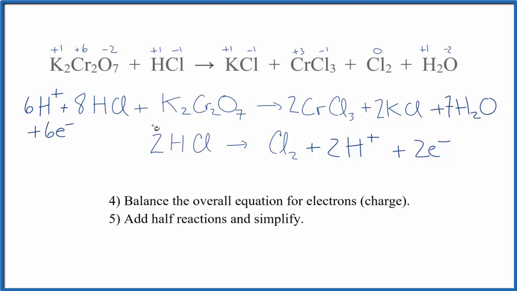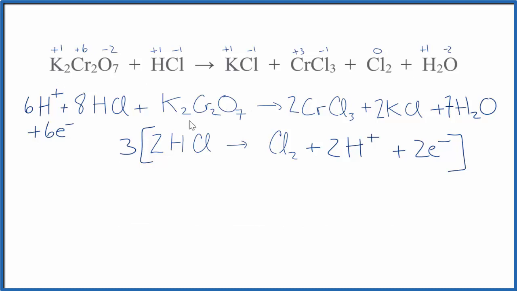What I could do is I could multiply everything here by 3. 3 times the 2 electrons would give me 6 electrons, and that would balance this 6 electrons. So what I'll do is I'm going to add the half reactions up now and simplify. I'll take the reactants, these here, and 3 times this, and then I'll have the products, these here, and 3 times all of these. That'll look like this.